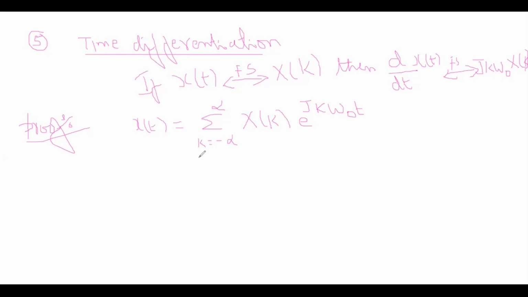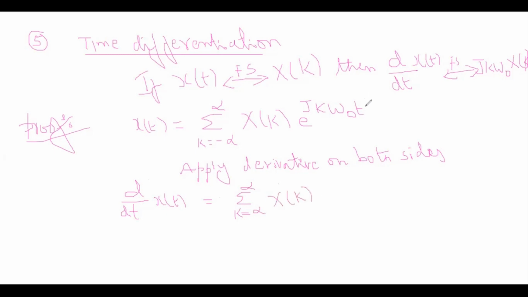Okay. Now I am applying the derivative on both sides. Apply the derivative on both sides, d by dt, only with respect to time. The d by dt of x of t is equal to the sum over k, where k is constant with respect to t, and X of k is also a constant, and here the t is there.